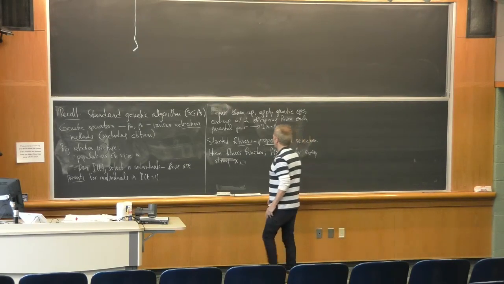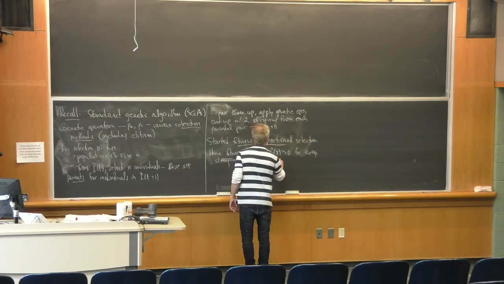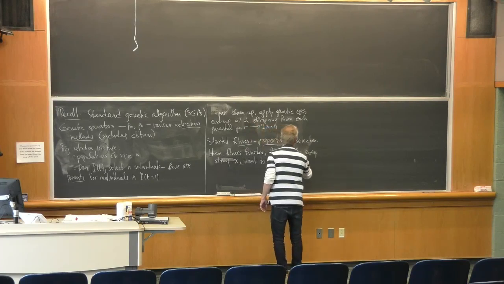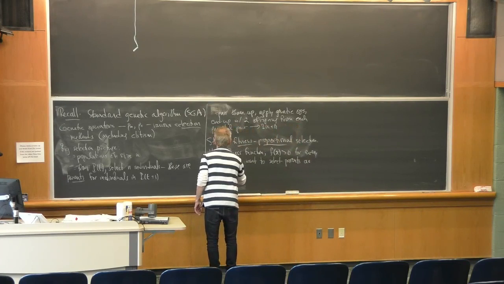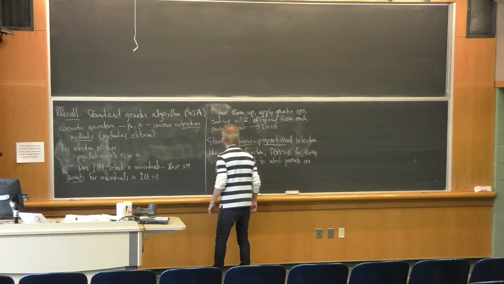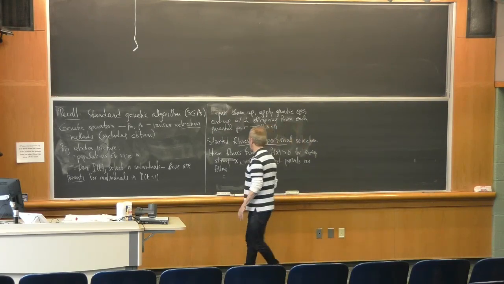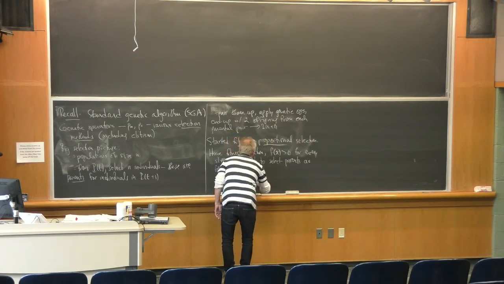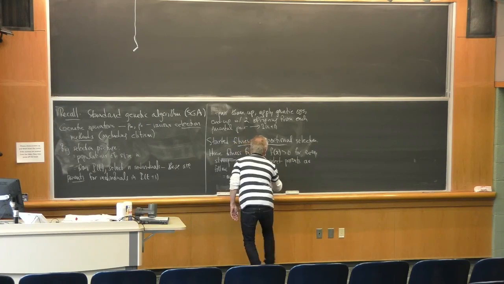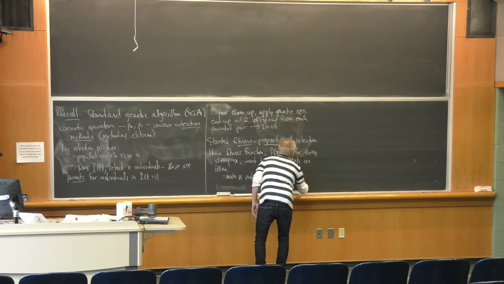Okay? And so what we want to do is select the parents as follows. What we're going to do is make n independent draws, in quotes, from P of t.